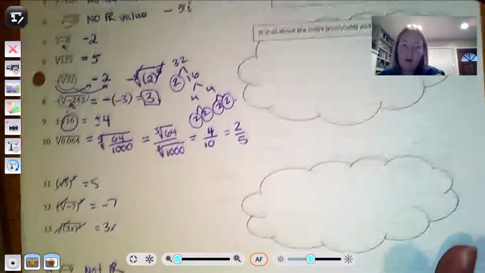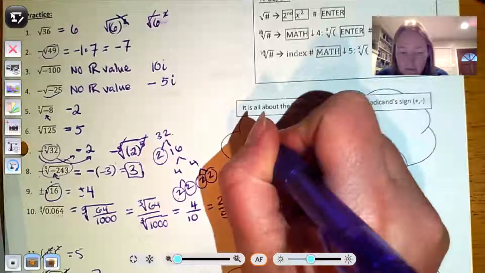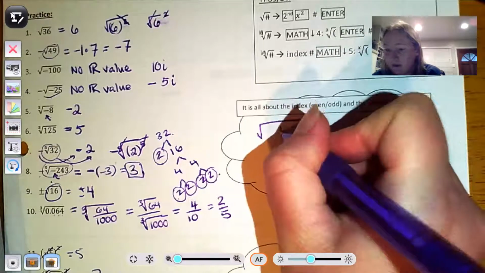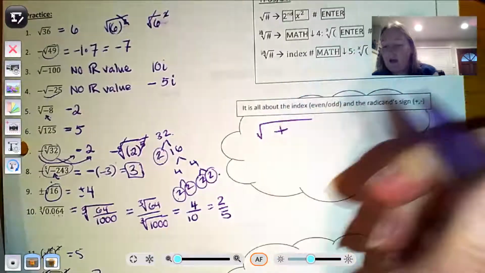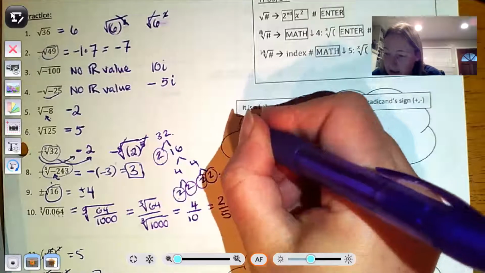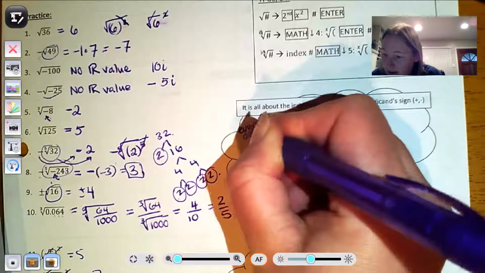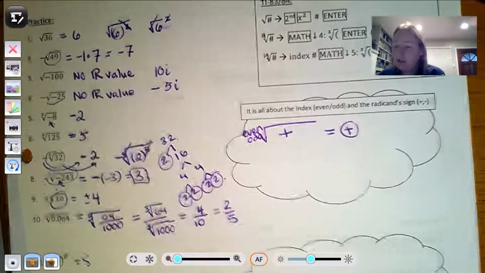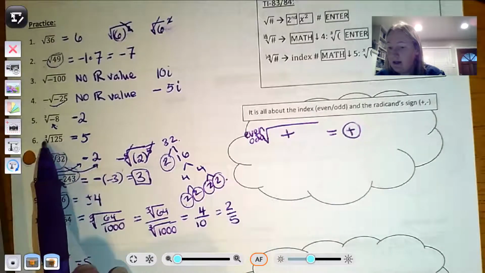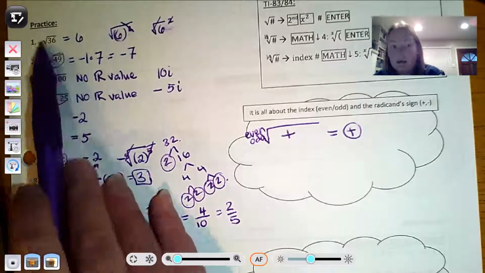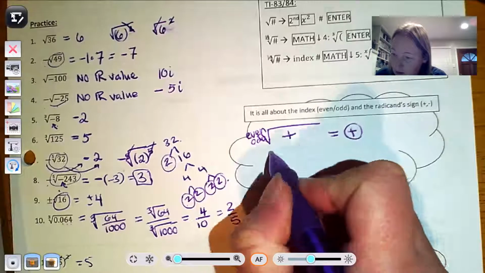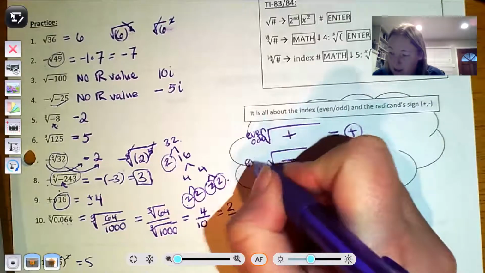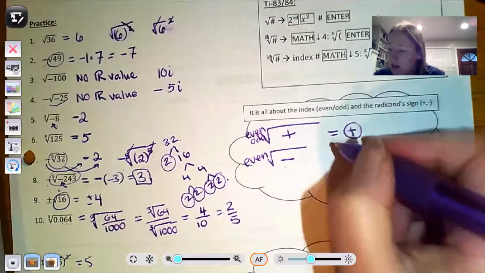So a couple important things for this lesson is whether you can have a negative or a positive underneath the radicand with different indexes, and how that works. So if you have a positive, you can either take an even index or an odd. No matter what, you'll get a positive value out. You can see here that's odd and you got a positive value out. That's an even index and you got a positive value out. When your radicand is negative, if it's an even index, like the square root of a negative, that's when it was not a real number.